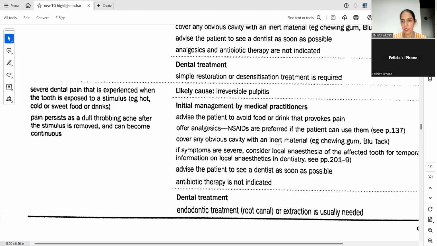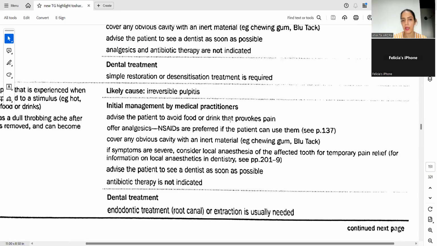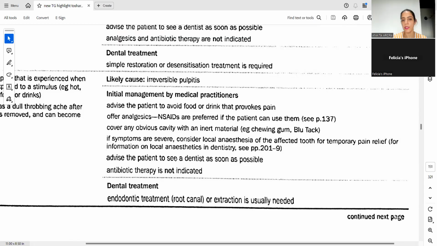Cover any obvious cavity with chewing gum or blue tack. And if symptoms are severe, consider giving LA of the affected tooth for temporary pain relief. For information, we would read about anesthetics again. Advise the patient to see a dentist as soon as possible, and antibiotic therapy is not indicated.